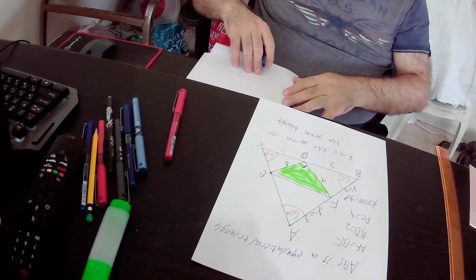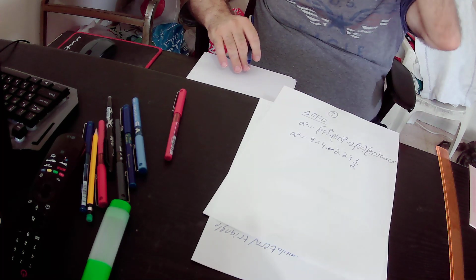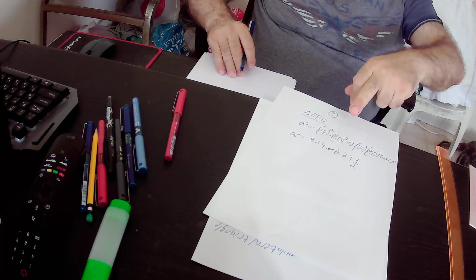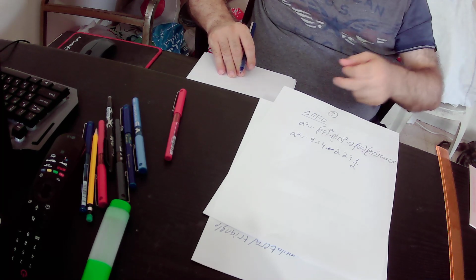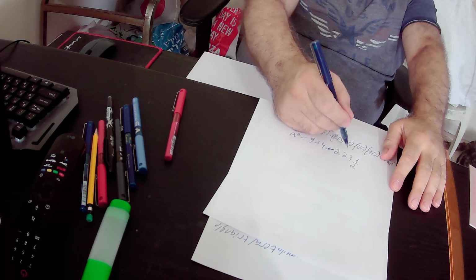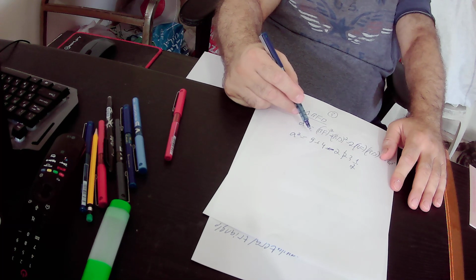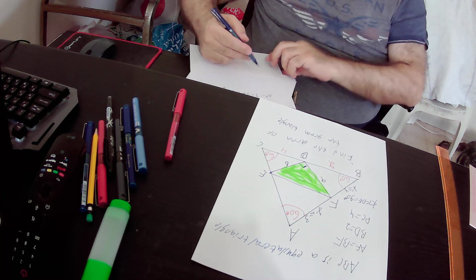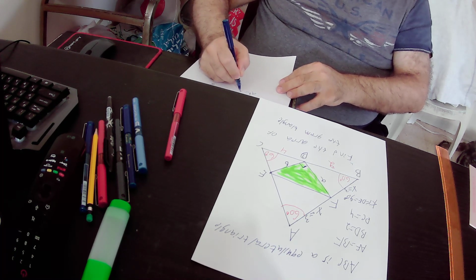Okay, so in total we got that A squared equals 9 plus 4 minus 2 times 2 times 3 over 2. Here we can cancel 2, and 9 plus 4 is 13.